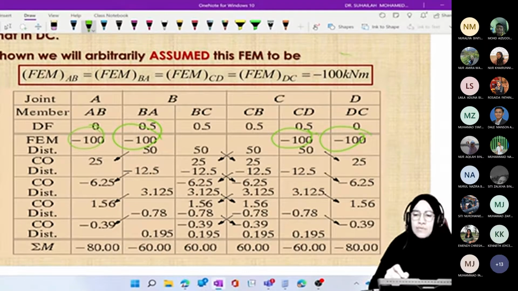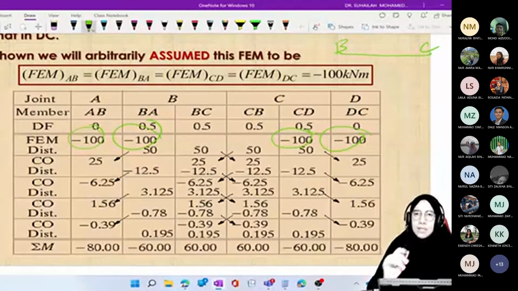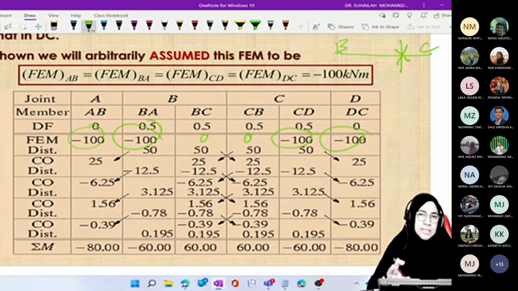BC is a beam, and beam for this type of frame has zero displacement. There's no vertical displacement. That is why we don't calculate FEM for BC.